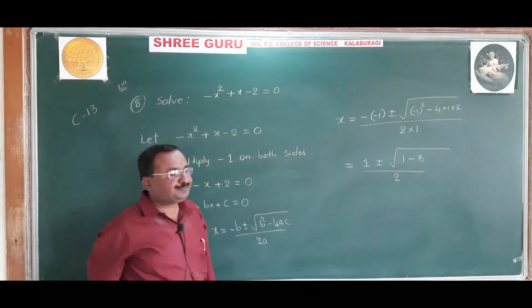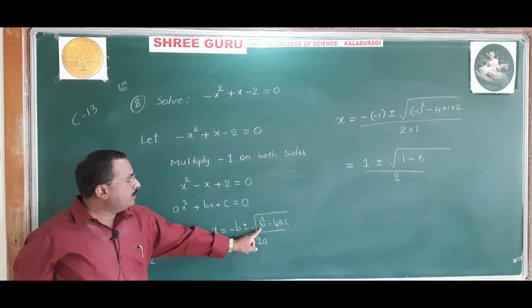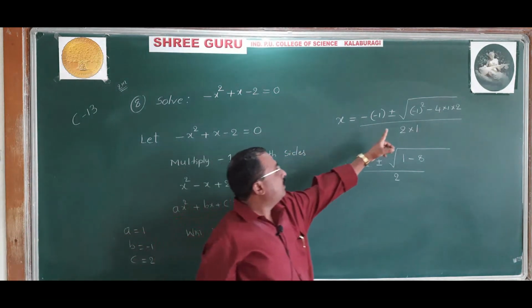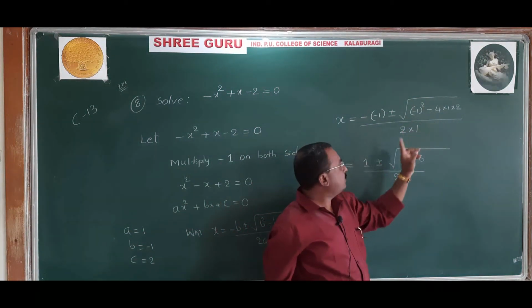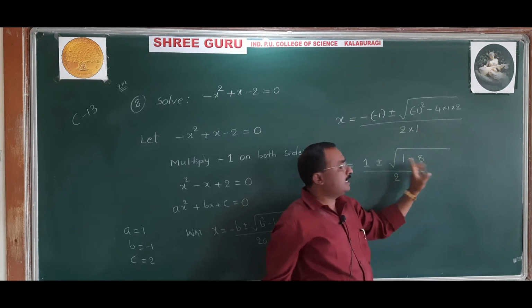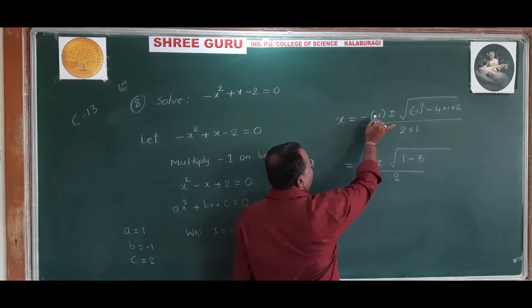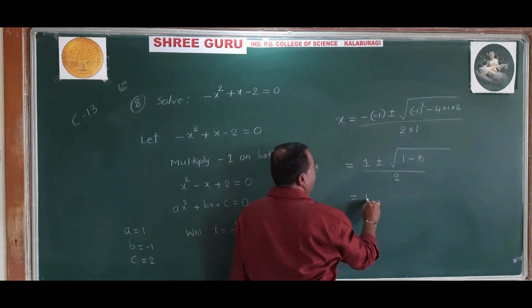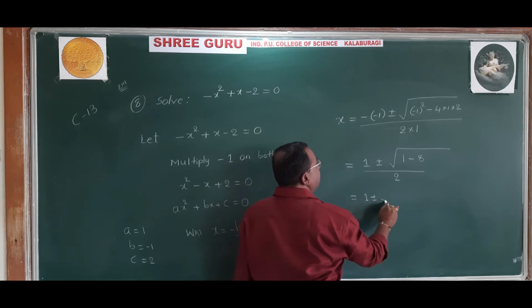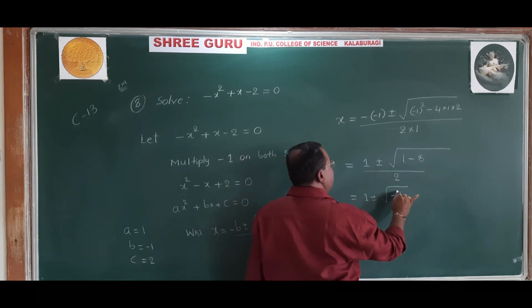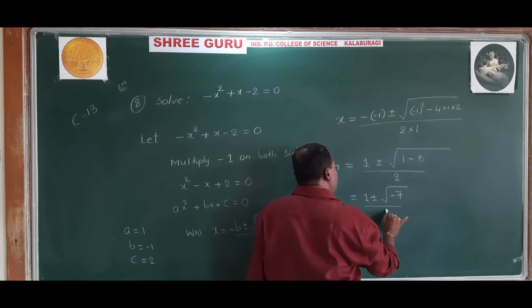Any doubt? Here b square, minus 1 whole square, negative square is always positive, 1, 4 2s are 8, minus minus plus. 1 plus or minus root of 1 minus 8, minus 7, divided by 2.